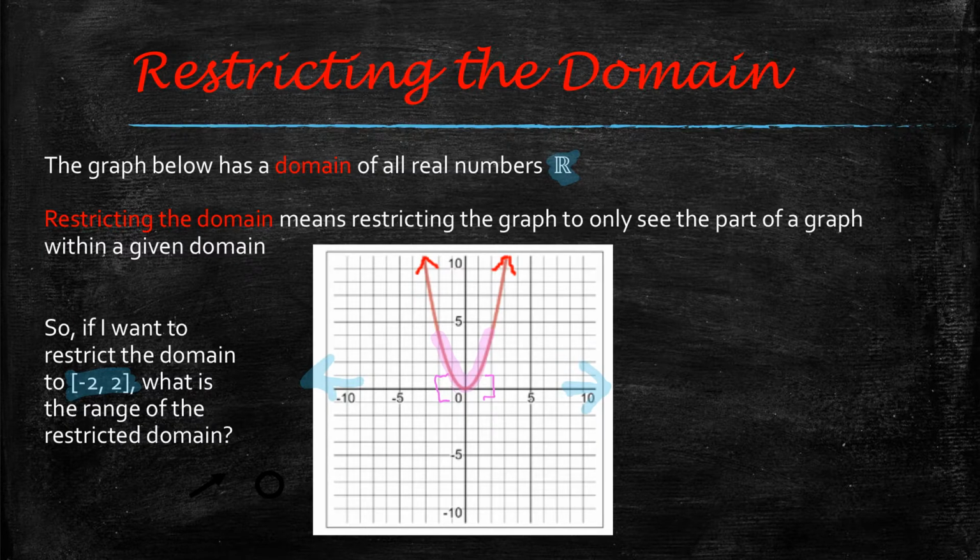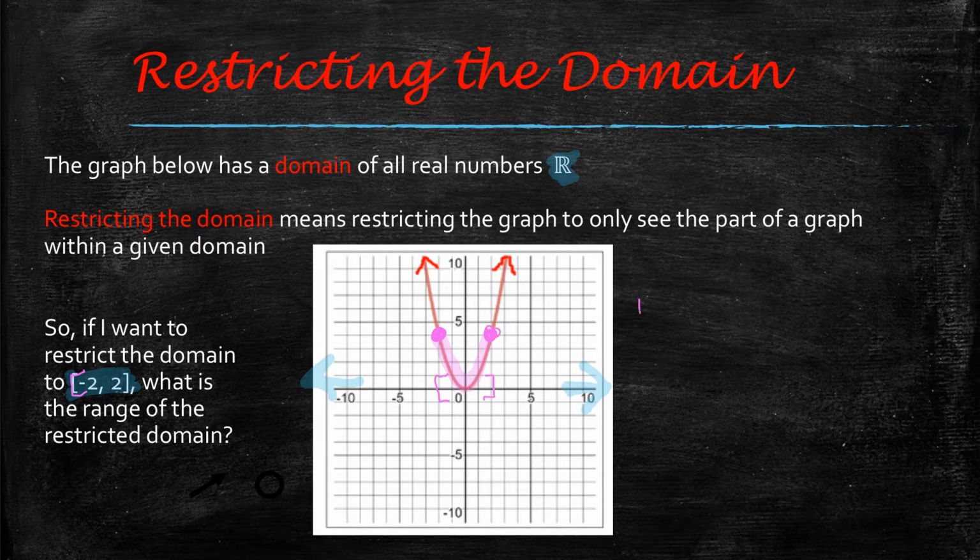The interval has what I call a hard bracket. So that means this point is included in this section, and this point over here is also included because those are hard brackets. If they were parentheses, then you would have an open circle there. So that's going to play a part in our range too.